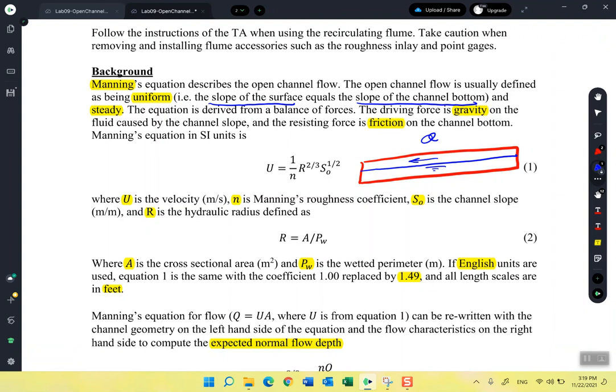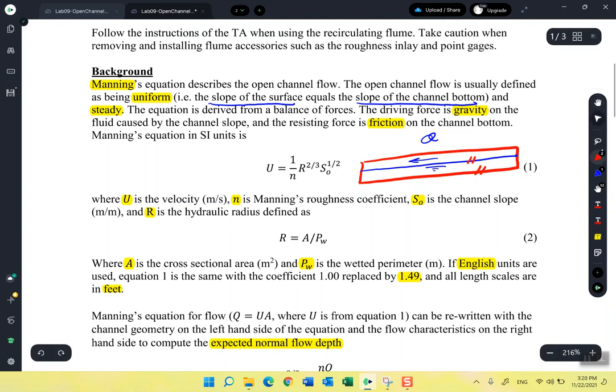And when I say uniform flow, I mean that the slope of the water surface is equal, or in other words, parallel to the slope of the bed. I will show you that in a while during the experiment, and I will also show you the cases when the flow is non-uniform.